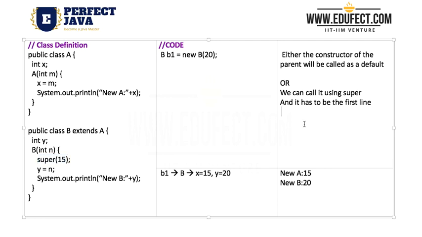If you want to call it with a parameter, like in this case, we have called it. We could even do it with any number of parameters you want. But they always have to be the first line. It always has to be the first line. Okay. So is this clear?